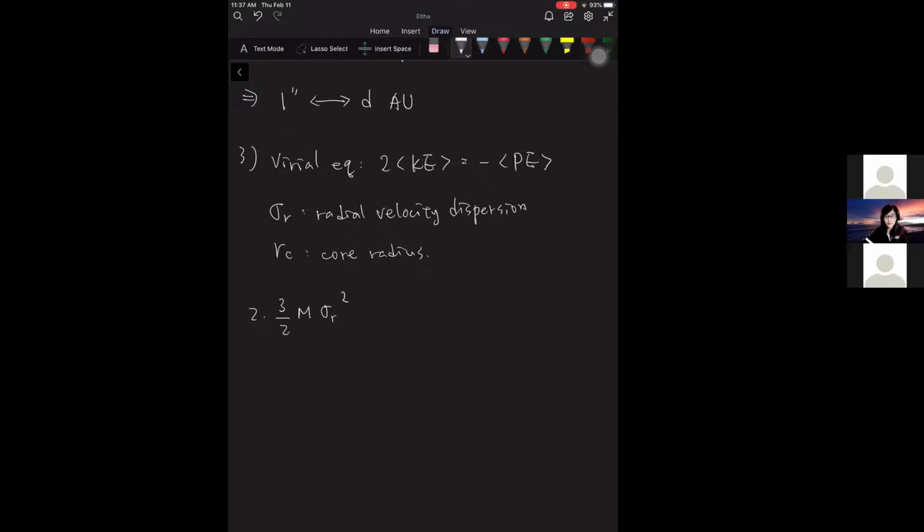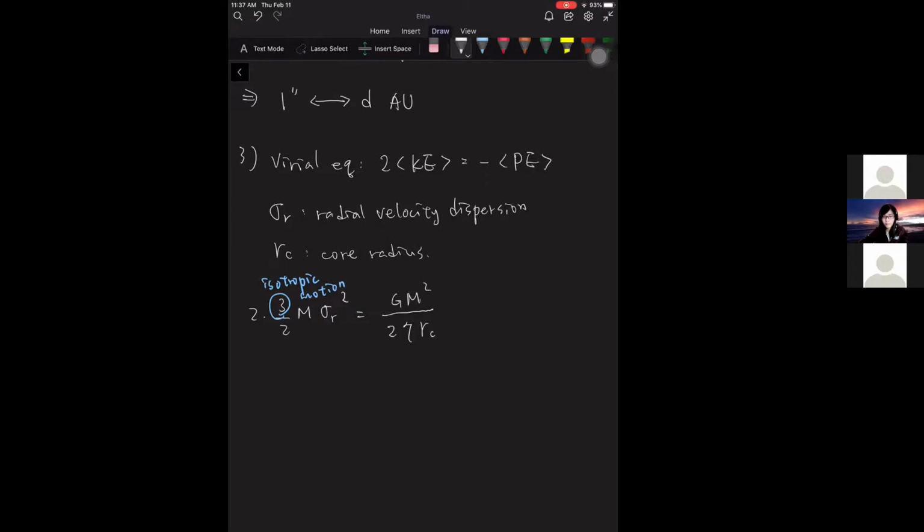Okay, and this factor of 3 here is due to the assumption of isotropic motion. And that will equal the negative of the potential energy. We will write the general form of the potential energy, which is G M squared over 2 eta times the core radius.